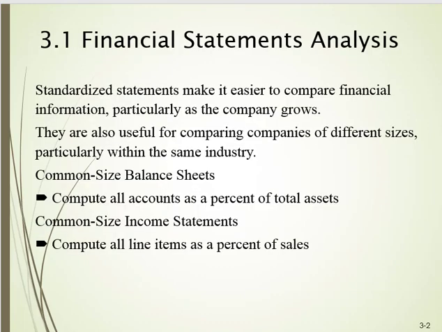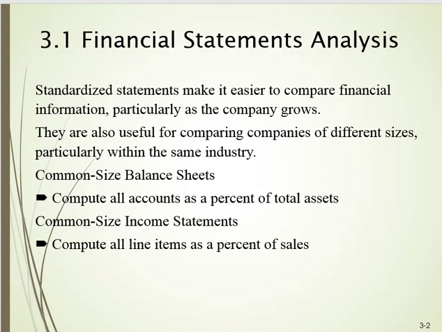So we've talked about financial statements in general in some other videos, but the first thing we want to do is look at how we might analyze these statements themselves. One of the tools we can use is something called a common size statement.